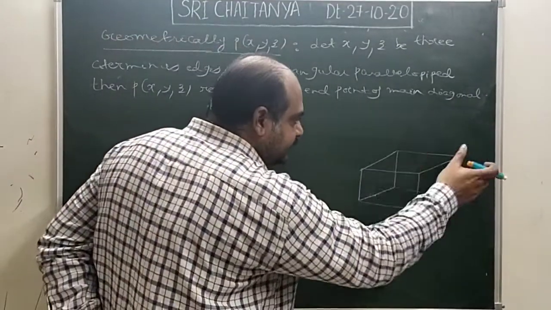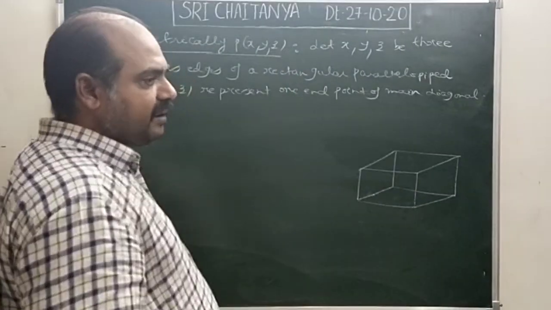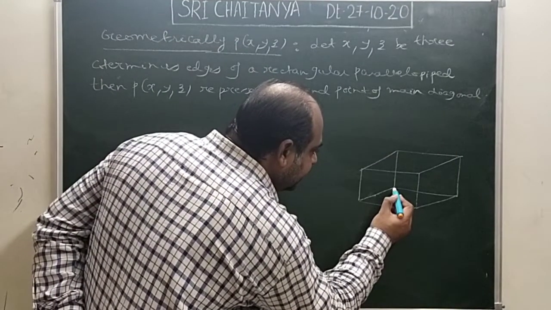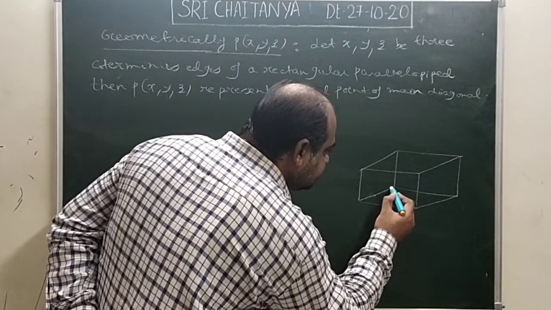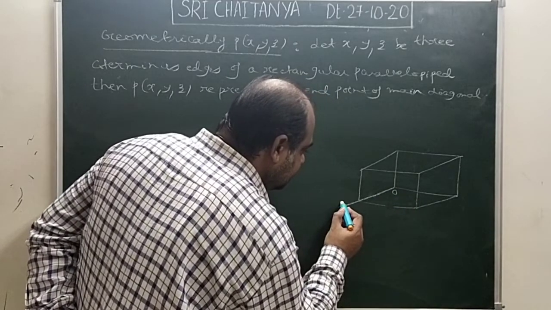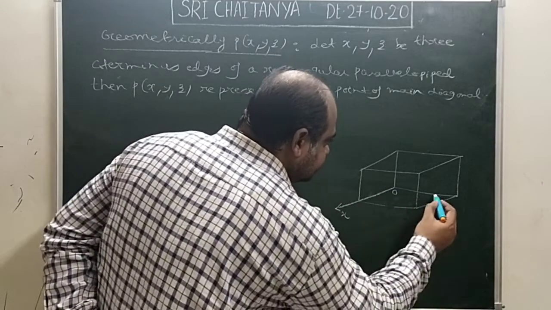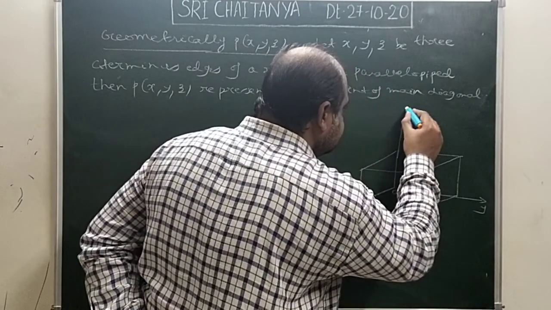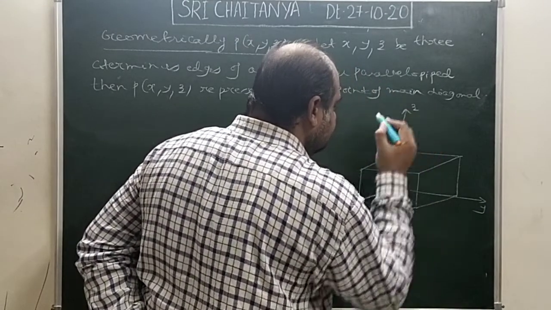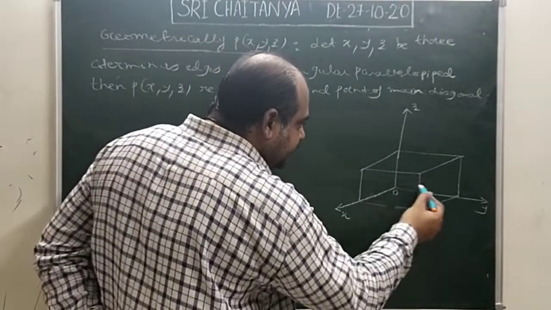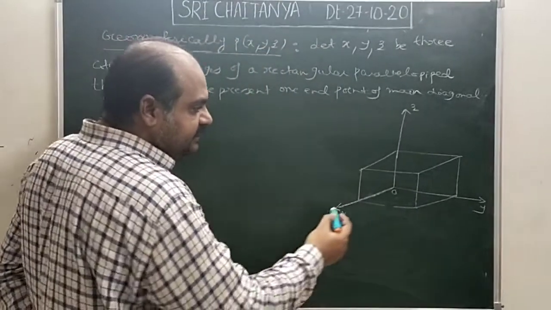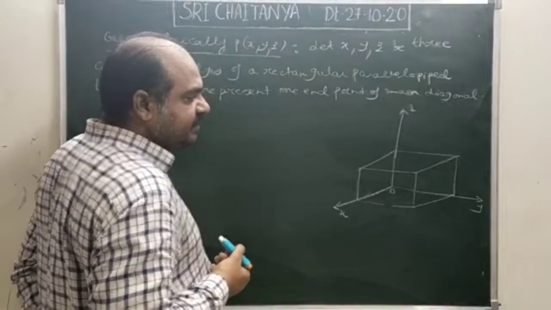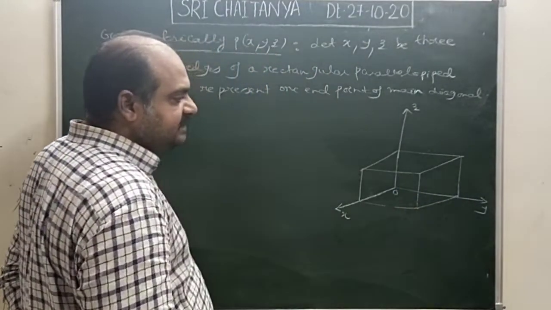You take any two edges, the angle between them is 90 degrees. Take this as the origin, let us assume this as the x-axis, this as the y-axis, and this as the z-axis. These edges are three mutually perpendicular lines. Along this we assume the x-axis, along this the y-axis, along this the z-axis.